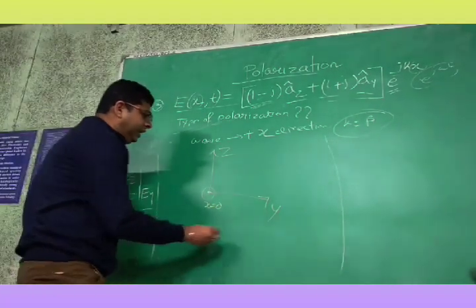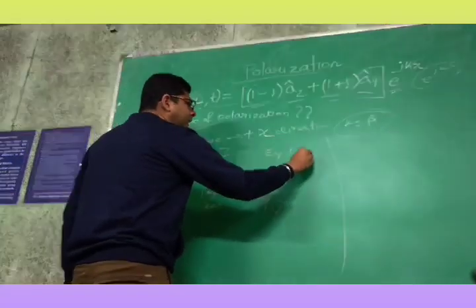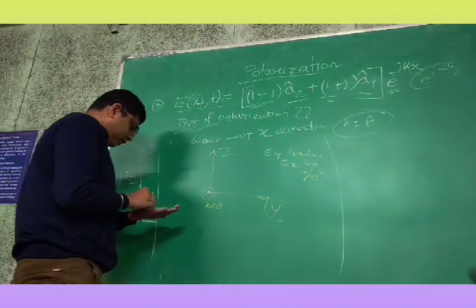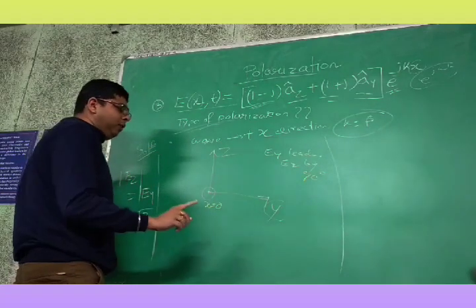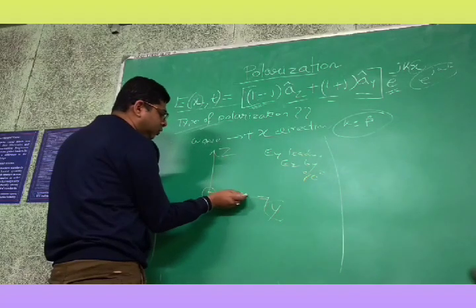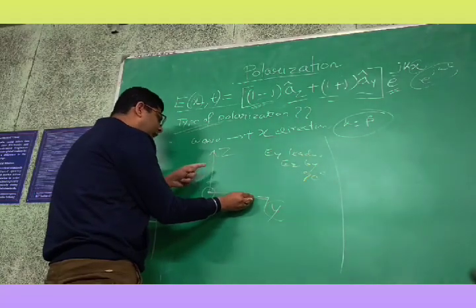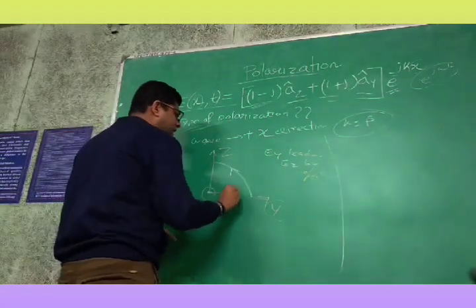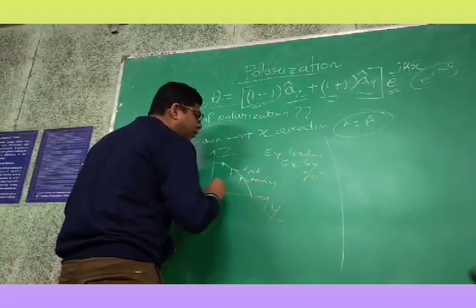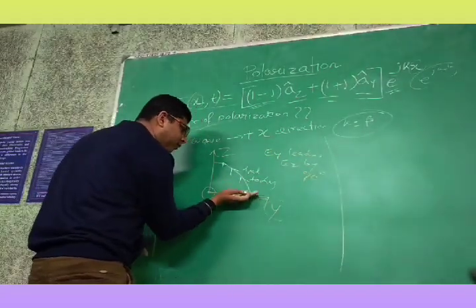We have seen Ey is leading Ez by 90 degrees. By our convention, we generally move from lead to lag. Ey is leading, so we move from Ey to Ez, lead to lag.